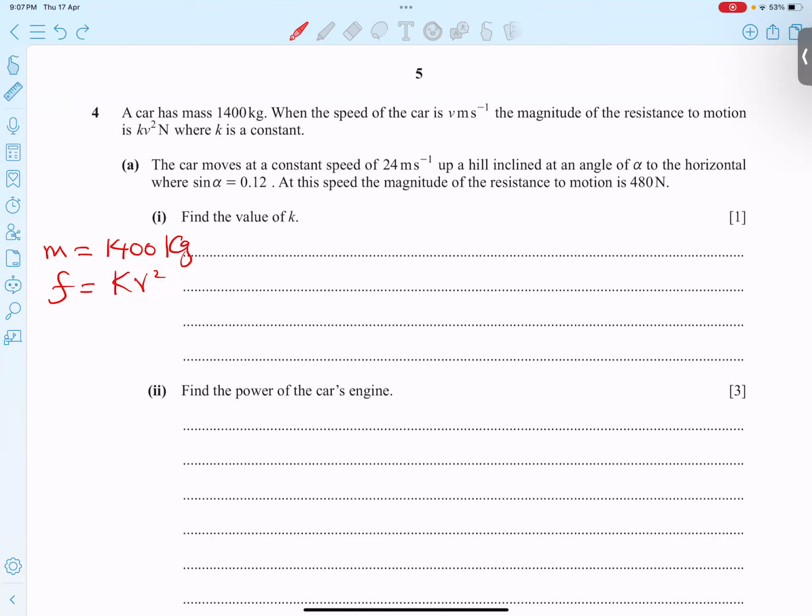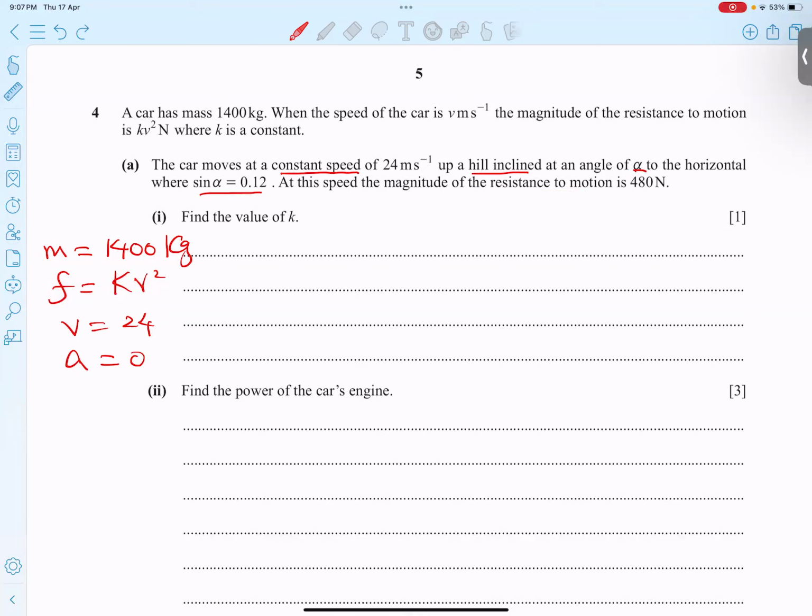It means the speed is constant at 24 and naturally acceleration is 100% zero. The incline is at an angle alpha, and the sine value is given. Find K if, at this speed, the friction force is 480.